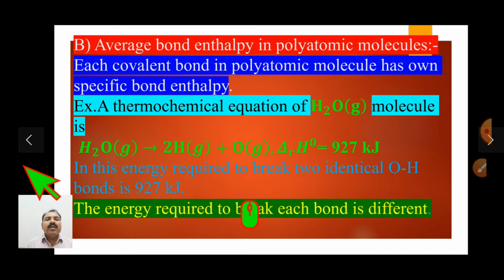The H2O molecule decomposes into two hydrogen gaseous atoms and one oxygen gaseous atom, and the change in enthalpy of this reaction is 927 kilojoules. In this reaction, the energy required to break two identical O-H bonds is 927 kilojoules. This is the bond enthalpy.